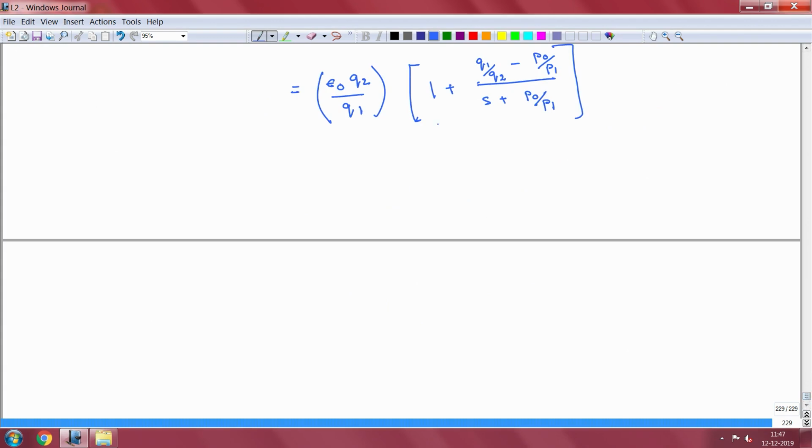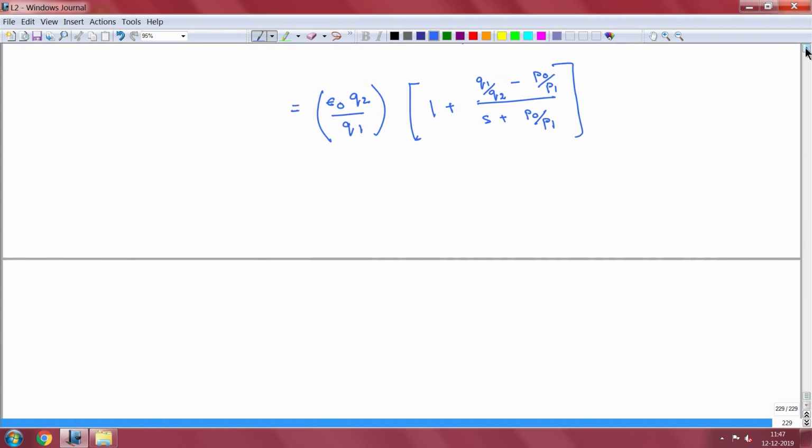I deliberately did this because when I have to take the Laplace inverse, this is a constant, here this is just 1, and here this is a functional form that we are well acquainted with. So, we already know what the Laplace inverse of this is. This will be an exponential form, and the Laplace inverse for 1 will be the Dirac delta function.